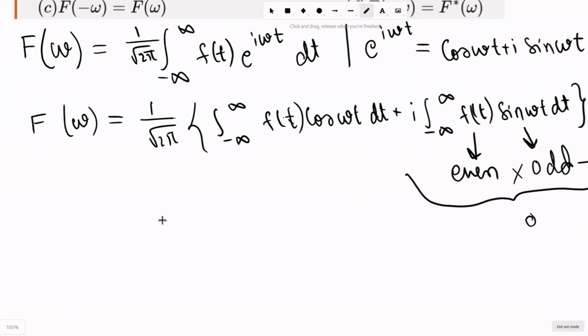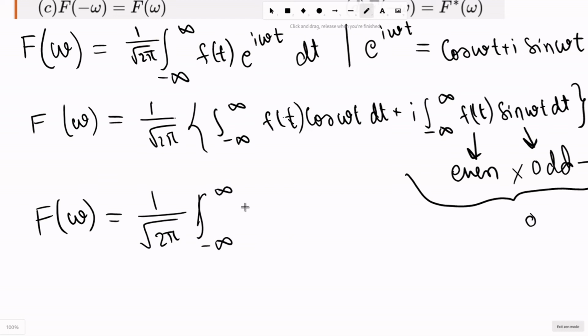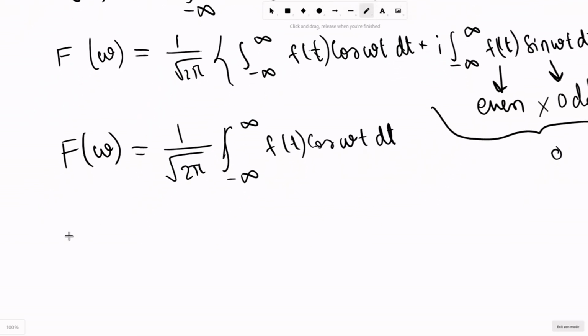So the only thing I have left here is F of omega equals 1 by root of 2 pi, integration from minus infinity to infinity f(t) cos omega t dt. Now if I try to find the conjugate of this thing, nothing is complex here. There is no imaginary quantity.